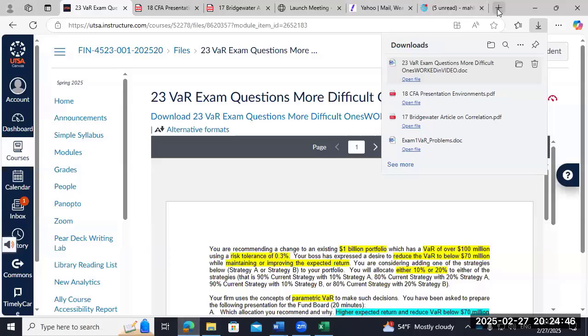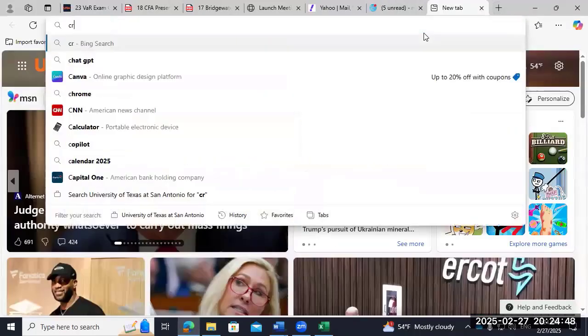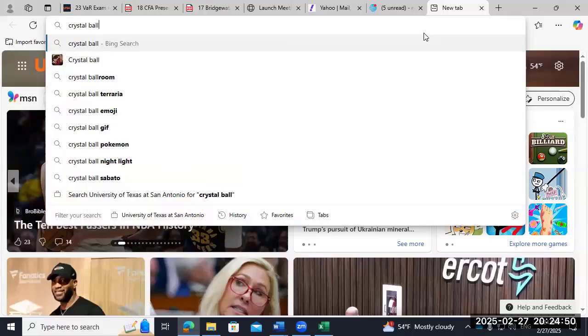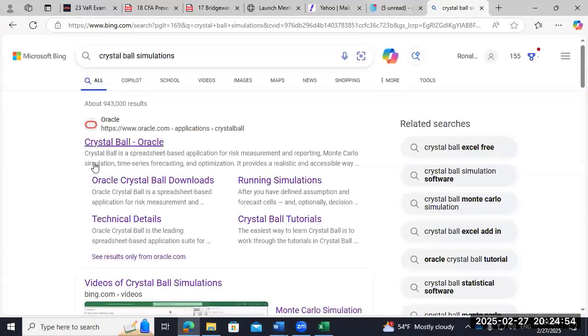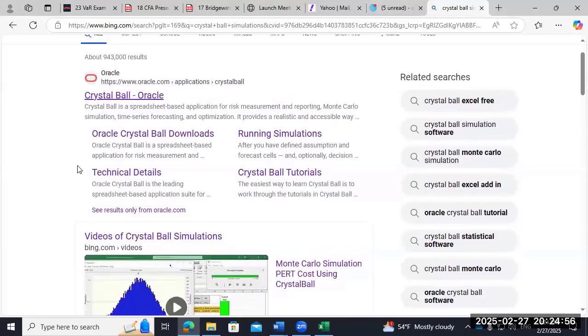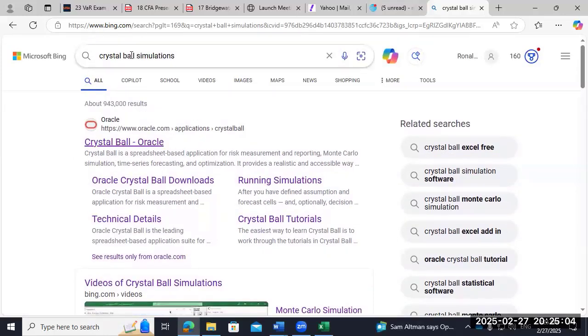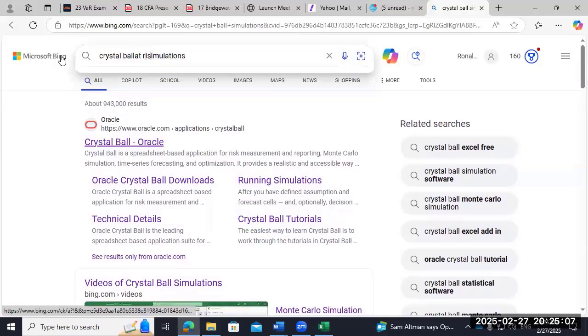So I don't know what UTSA has, but Crystal Ball is owned by Oracle. Do y'all use that? Have y'all used Crystal Ball in here? That sounds real, right? I don't know. What does UTSA have? The other one is @Risk.